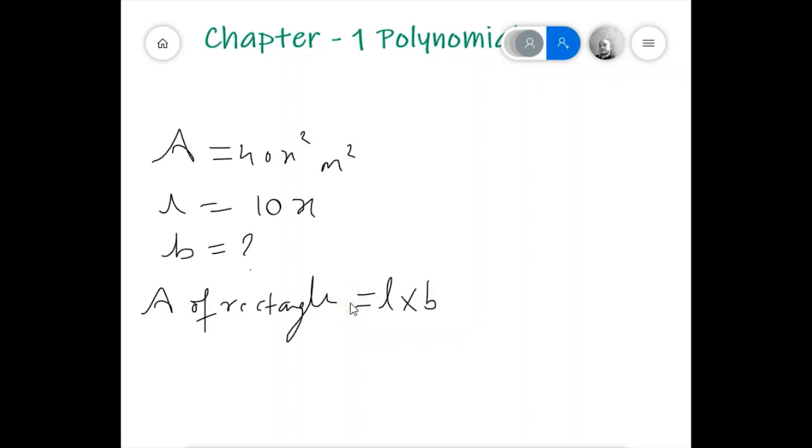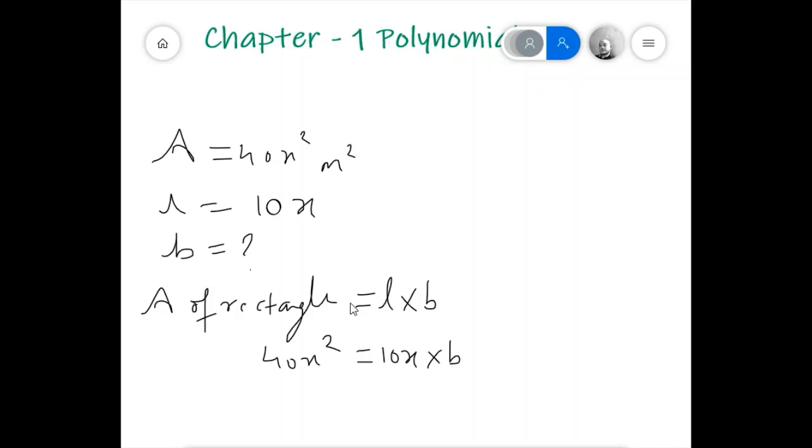Okay, so now we will only substitute the values. The area of the rectangle is 40x square, while the length is 10x, and the value of the breadth we do not know.